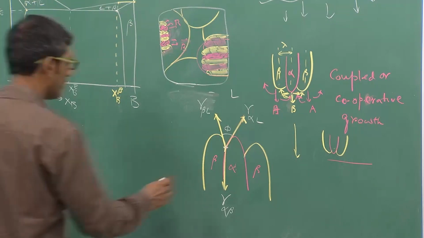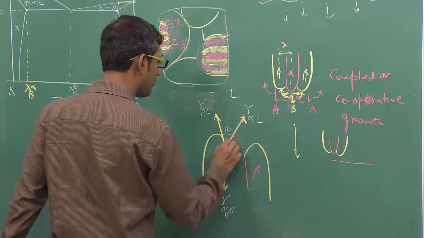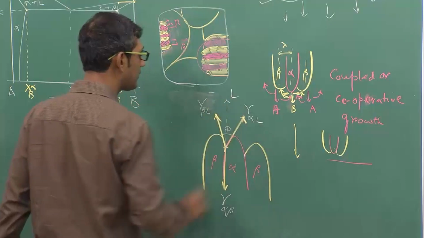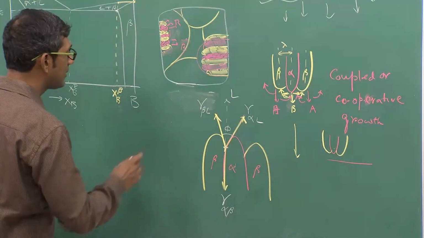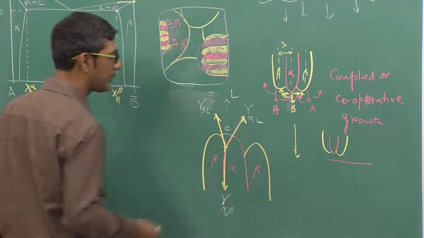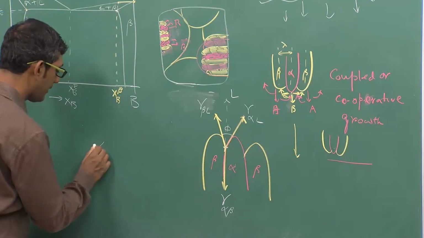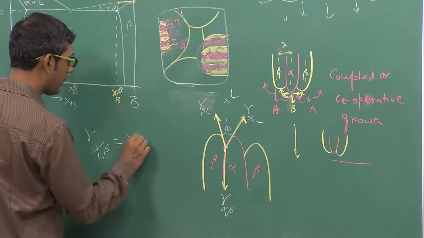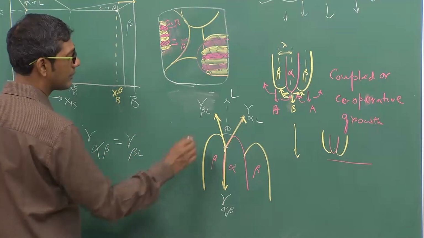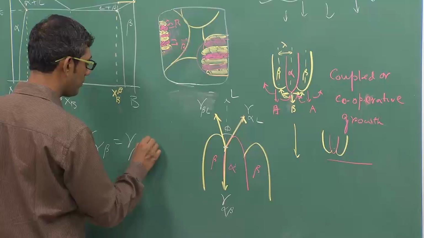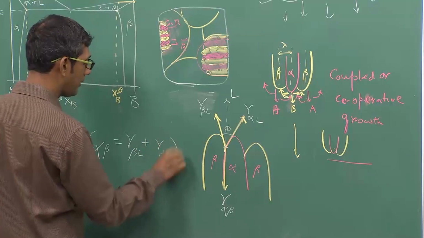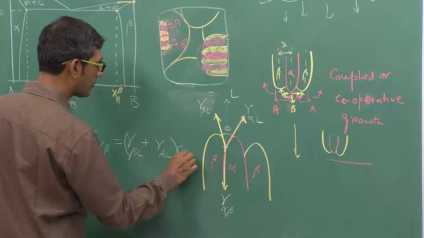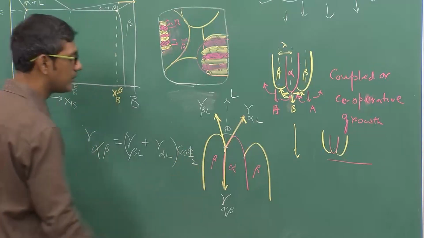So it is very simple. If I draw a normal, vertical like this, as you clearly see, the angle will be subdivided by theta by 2, pi by 2. So I can write gamma alpha beta must be equal to gamma beta L cos pi by 2 plus gamma alpha L cos pi by 2.